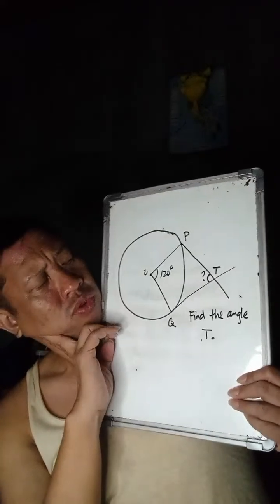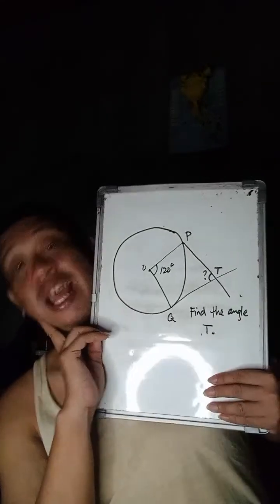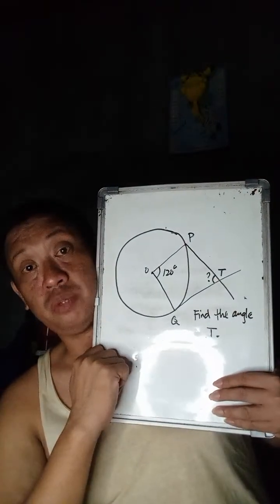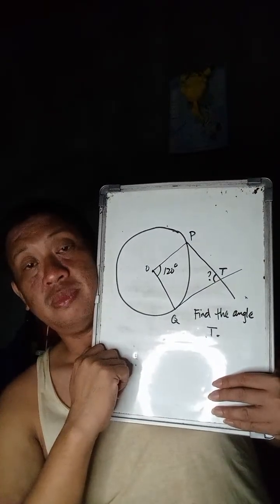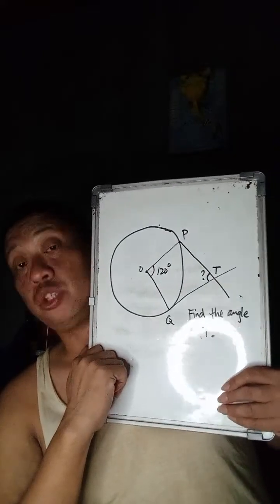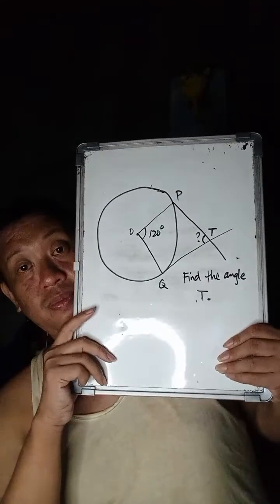Now, for this particular problem, I'm going to present not one, but two possible solutions. Now, if you are well versed with circle theorems, this is one of those situations. Okay?